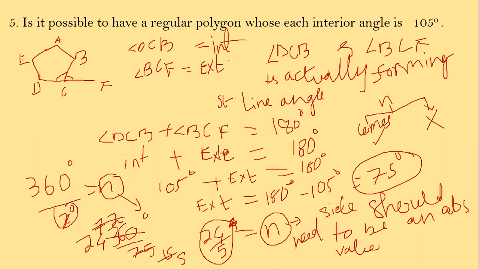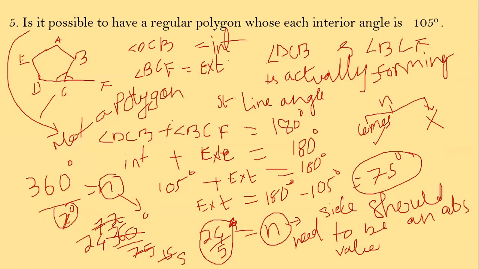Since it is not, therefore it is not a polygon. This is actually not a polygon, because the number of sides is coming in fraction, and sides can't be in fraction. It should be totally an absolute value.